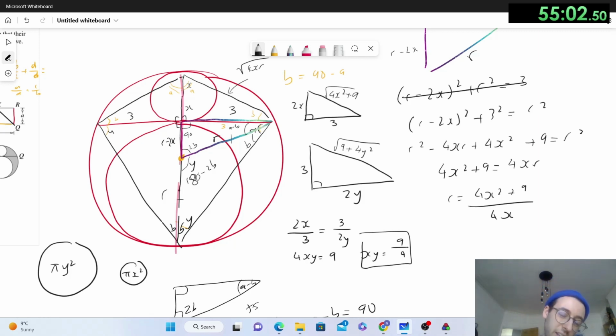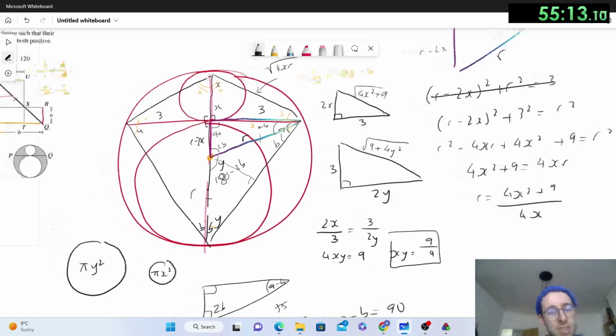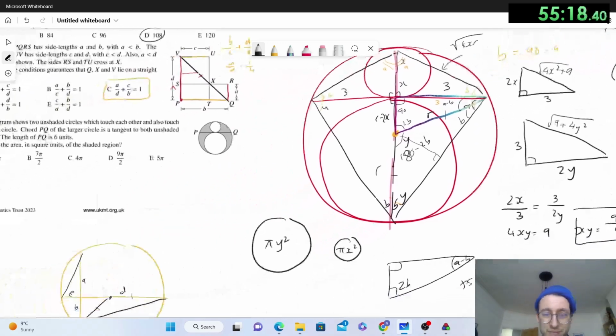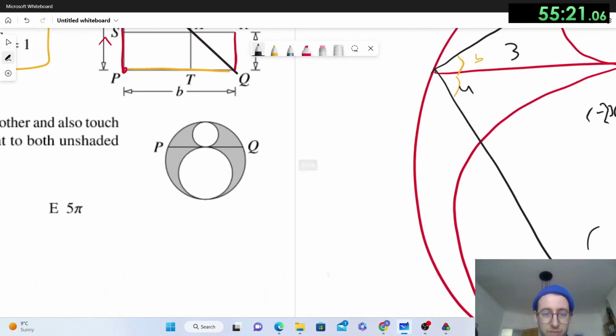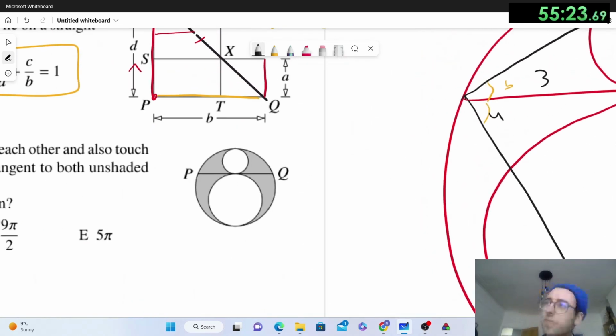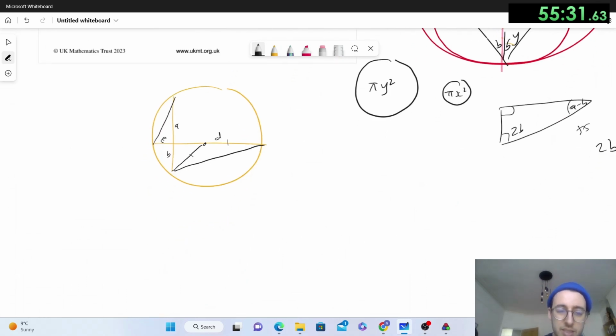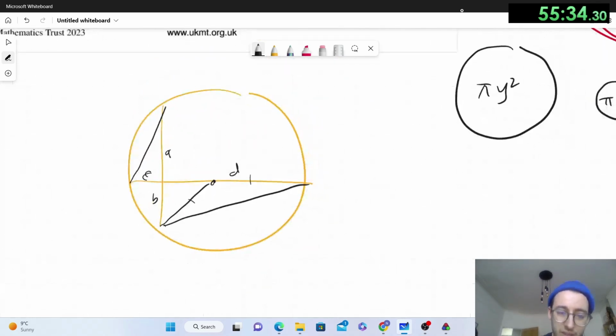Are there more similar triangles? Is this one similar to this one? Why would that matter? Oh, I've drawn too many things. It's got too ugly. There's something in this. So we've got these two similar triangles.